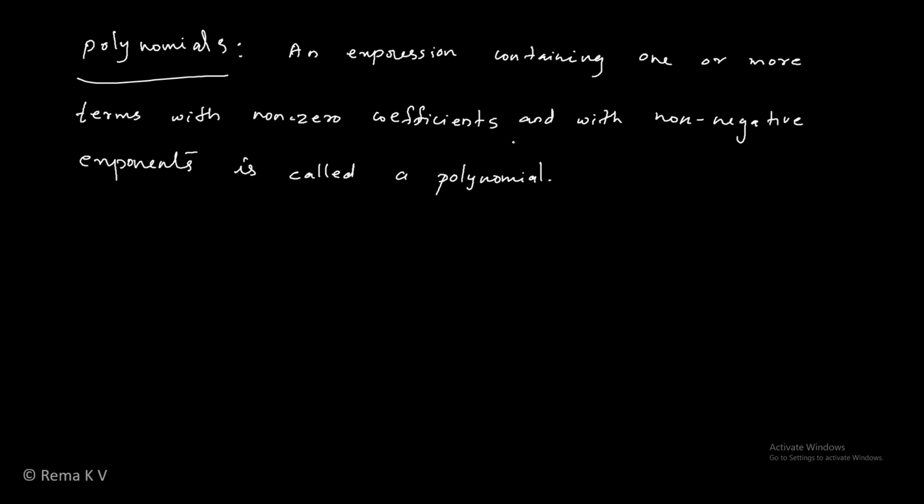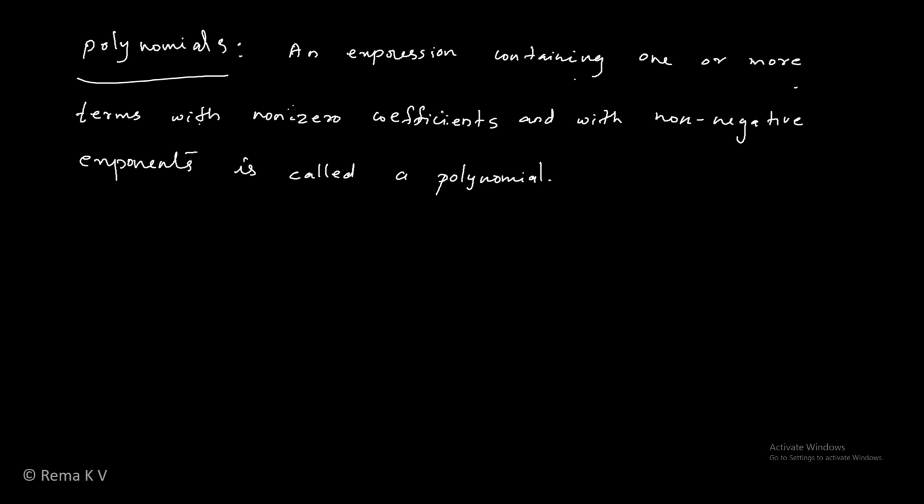This is not the definition given in the second chapter. There we are generally defining expression containing more than three terms. Generally we call them as polynomials. But here we have to modify the definition. An expression containing one or more terms, monomials, binomials, trinomials, all are part of polynomials. So one or more terms with non-zero coefficients.